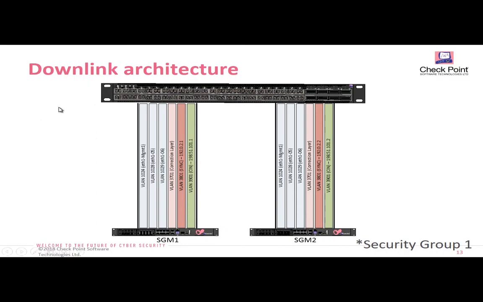So once we have determined the downlink port and the security gateway module attached to that should be handling the traffic for this connection in both directions, that security gateway module will be active for that connection, and it will then determine another security gateway module in the security group that should be backup, and it will start synchronizing the state of the connection to the backup.